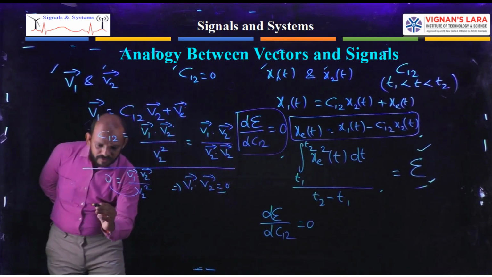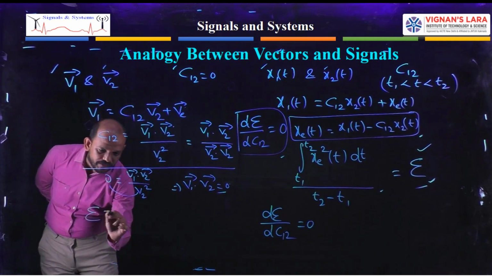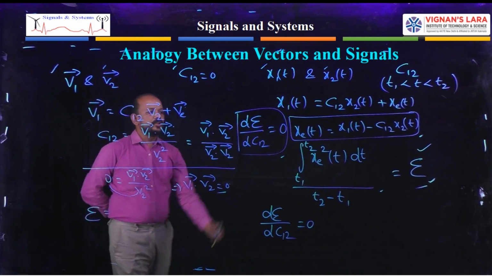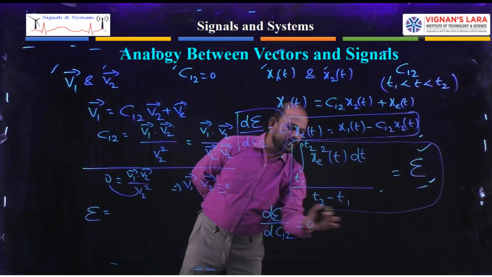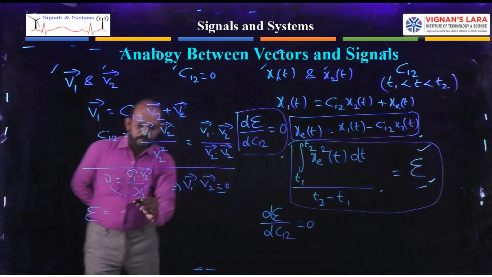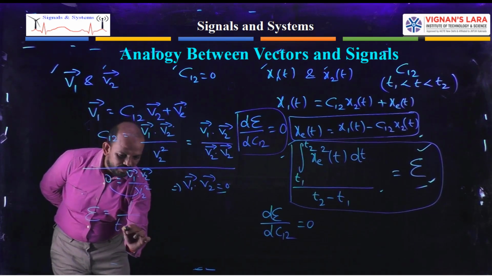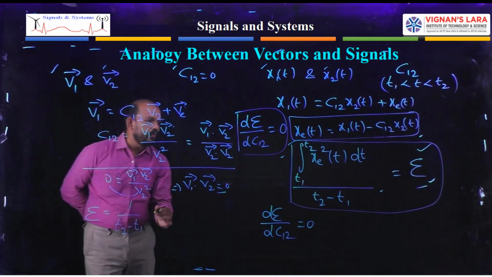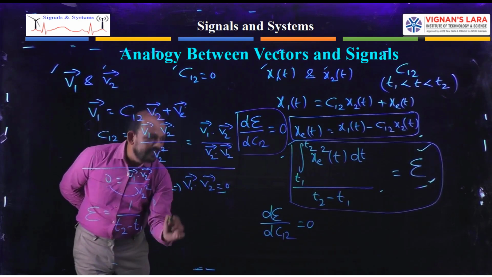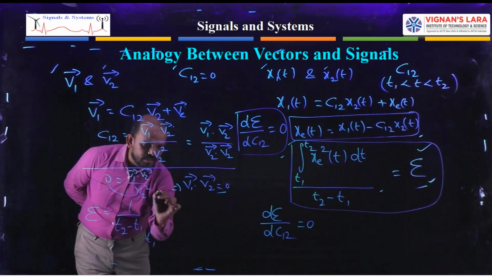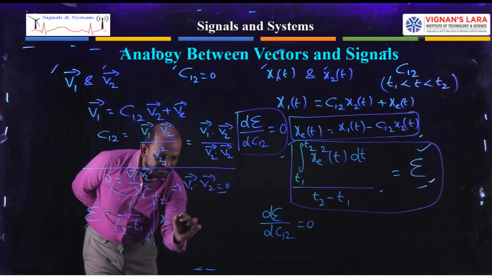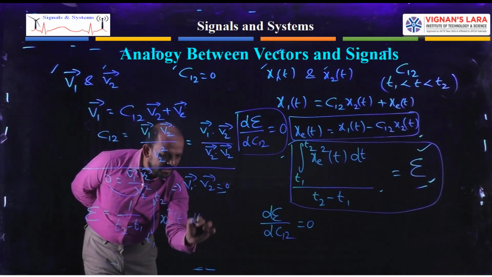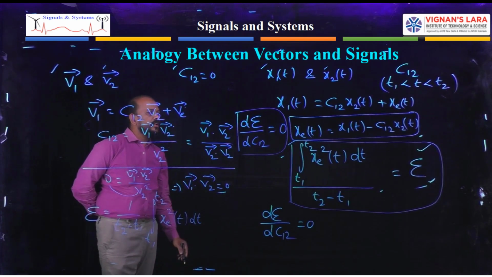That one will be equal to, so how can I write? 1 by t2 minus t1, integral t1 to t2 xe square of t dt.